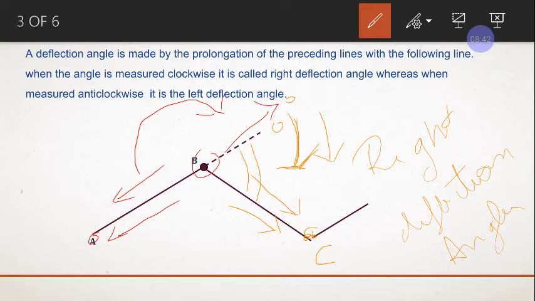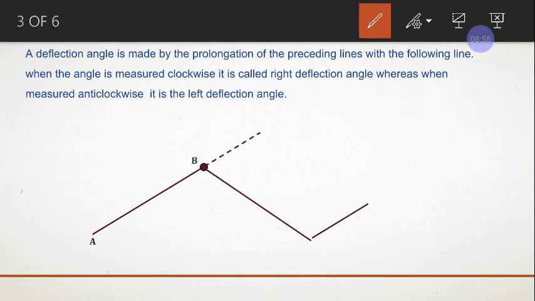First you are going to set up the following line and the preceding line. At the intersection of the preceding line and the following line, I'll show you once more.